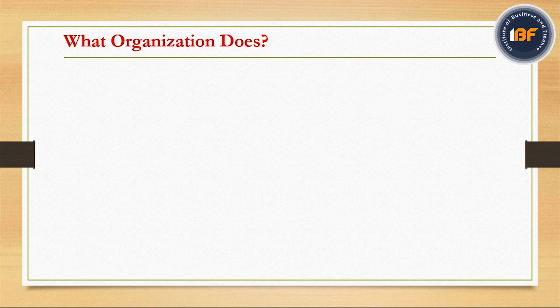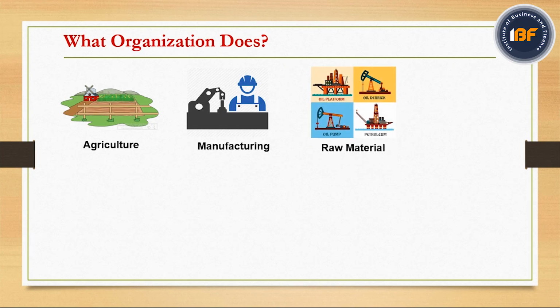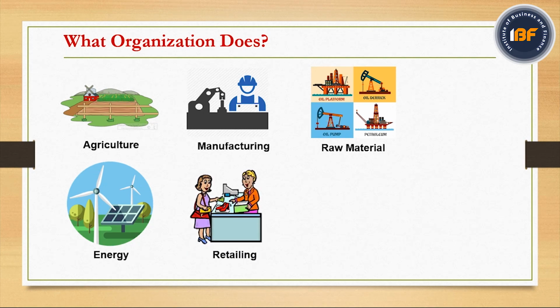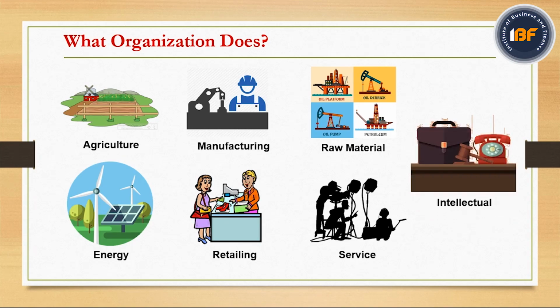For example, agriculture, manufacturing, extracting raw material, producing energy, providing a service as a retailer, providing services, and lastly, intellectual work, like lawyers, accountants, or any other facilities.